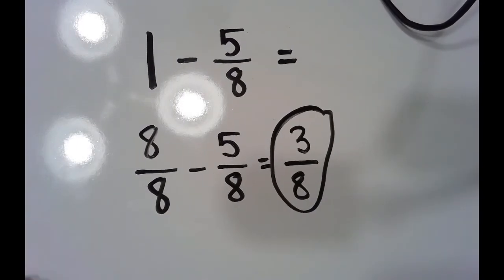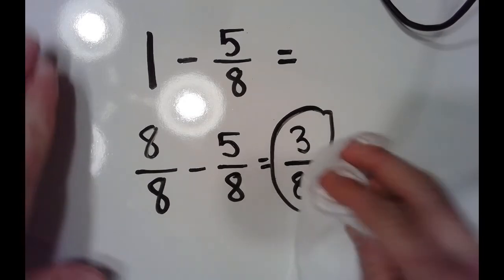Now, you will not always be starting with one whole. Sometimes you will start with less than a whole, and you will take some away from that. And in this case, it's a little bit easier because you will already be working with a fraction.